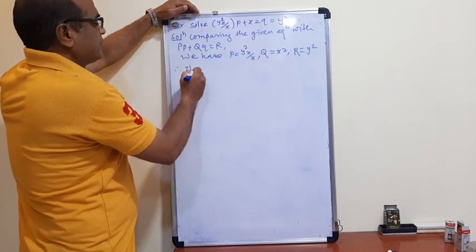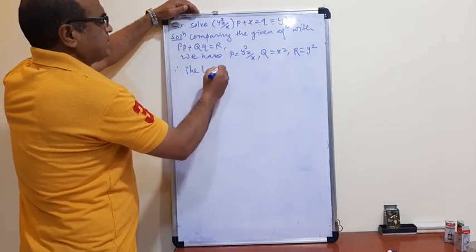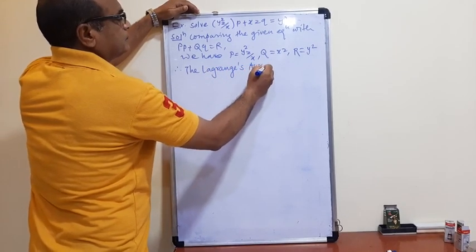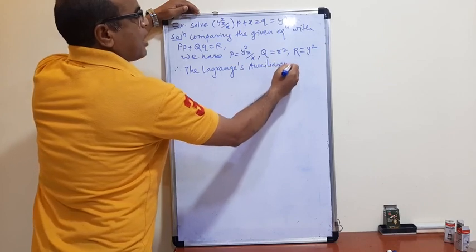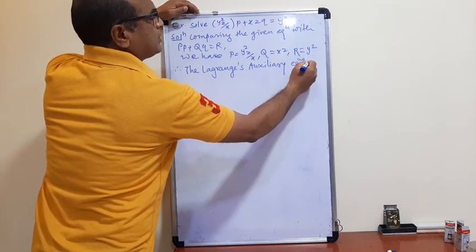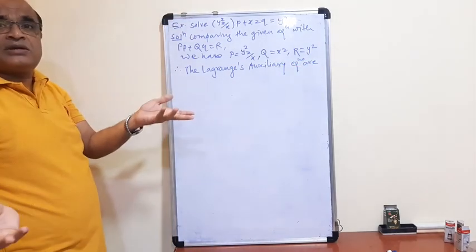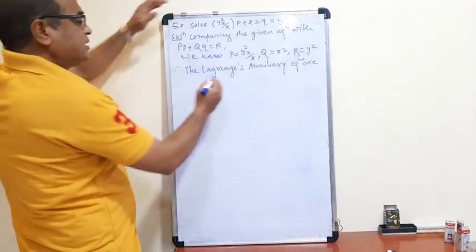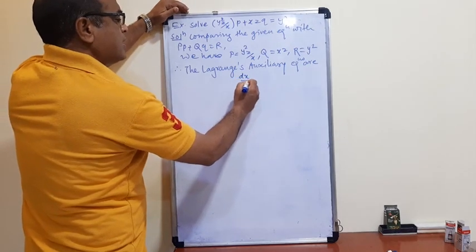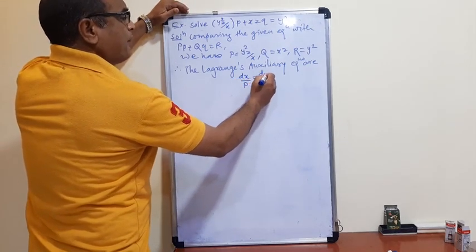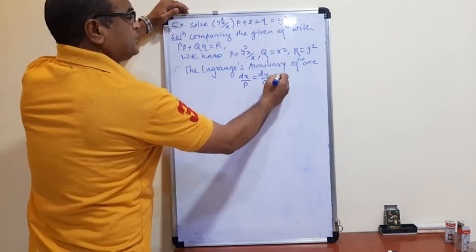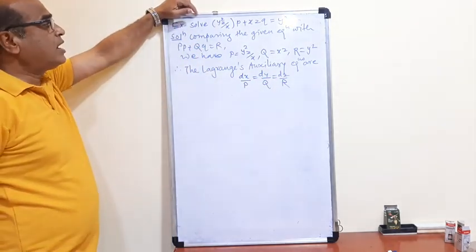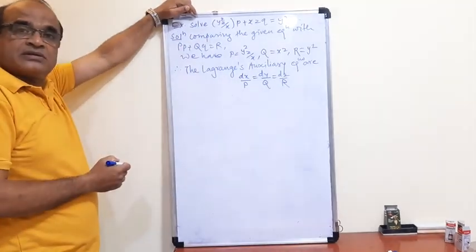Therefore, the Lagrange's auxiliary equations are, so we discussed in the theory, dx upon P is equal to dy upon Q is equal to dz upon R. So these are the auxiliary equations of this Lagrange equation.